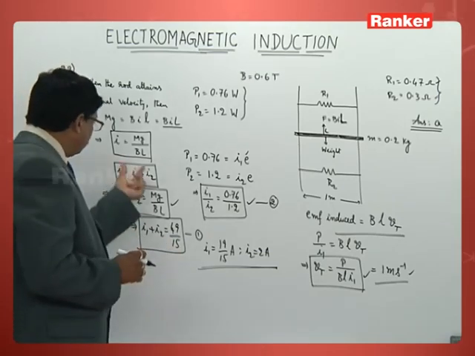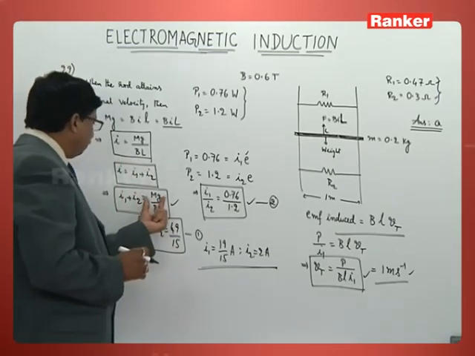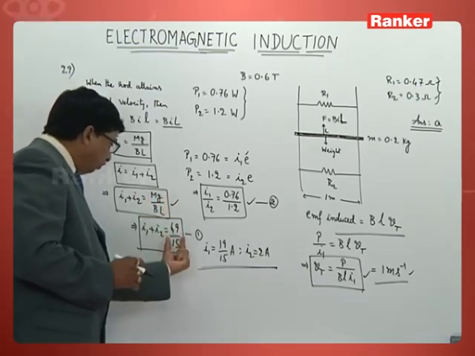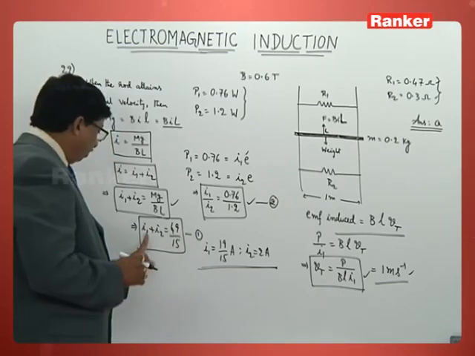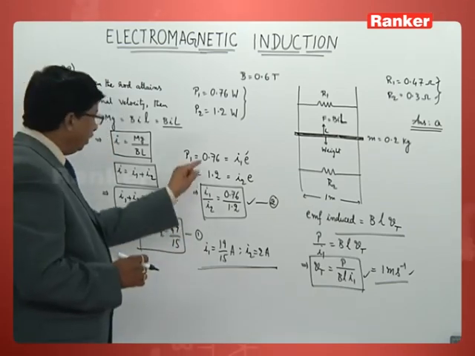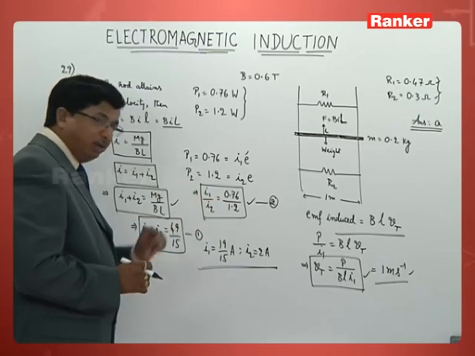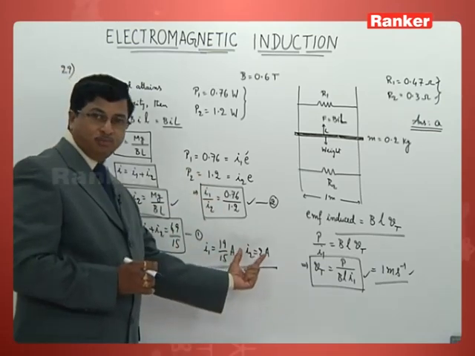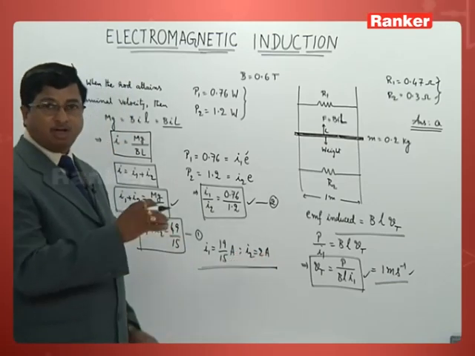So I1 plus I2 must be equal to I, which is equal to mg by BL. If you simplify this, you get 49 by 15. So I1 plus I2 and I1 by I2 you will get. Taking these two, simplify for I1 and I2.